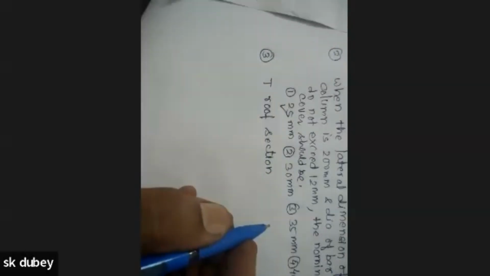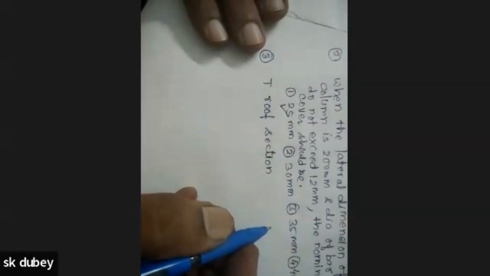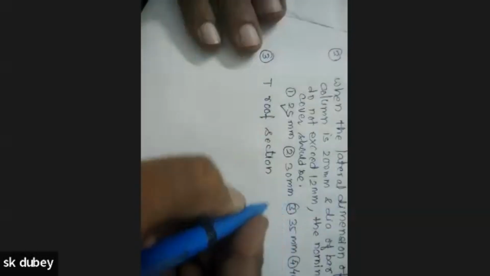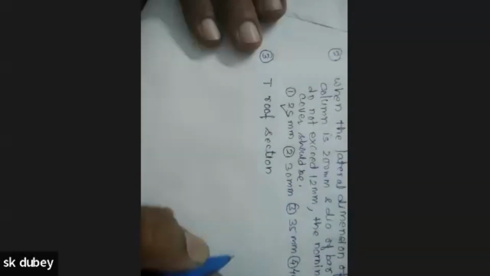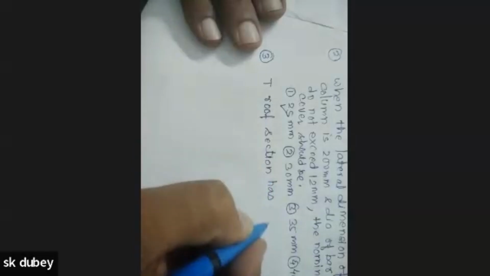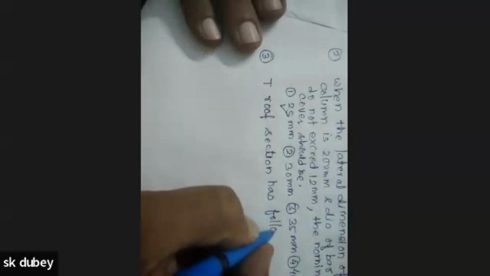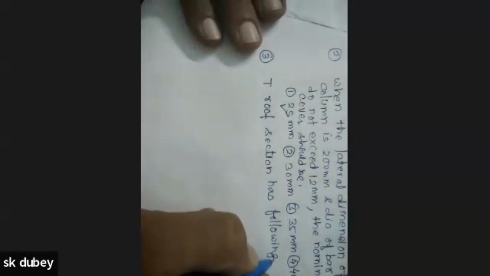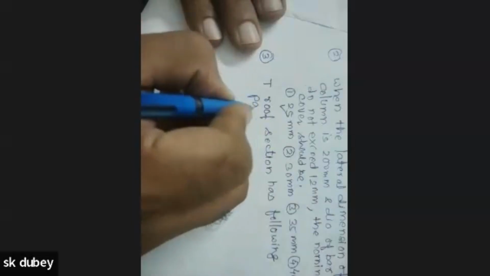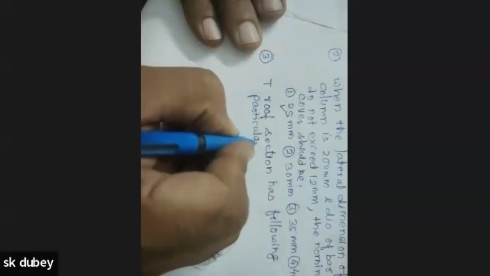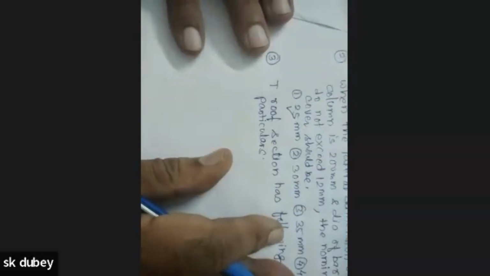Now I will try to take one problem. Generally, they are asking for 2 marks. A T beam section has the following particulars. Now see how they are bluffing with the data.